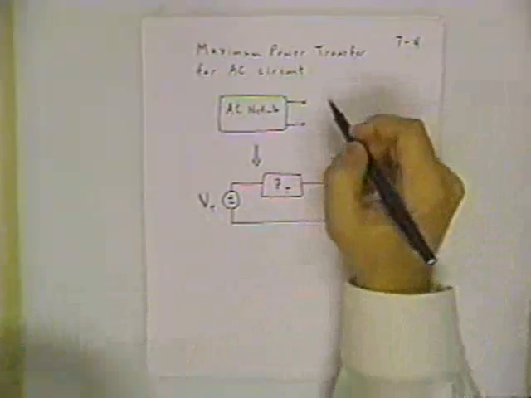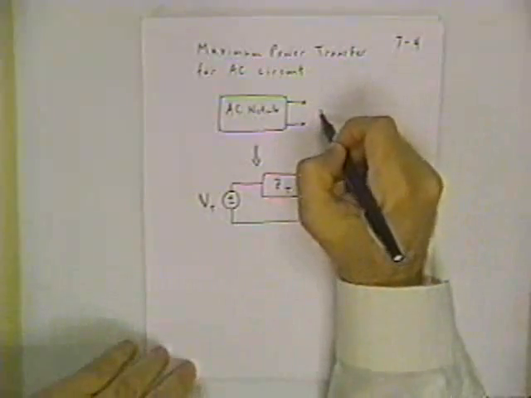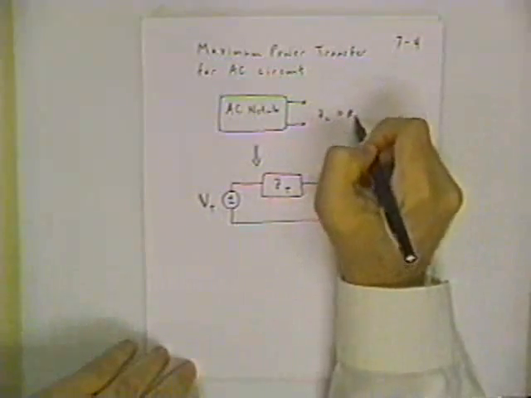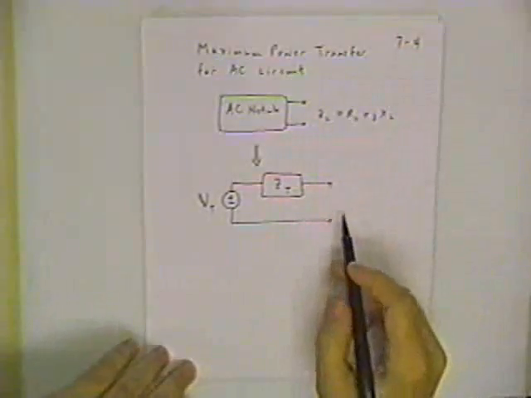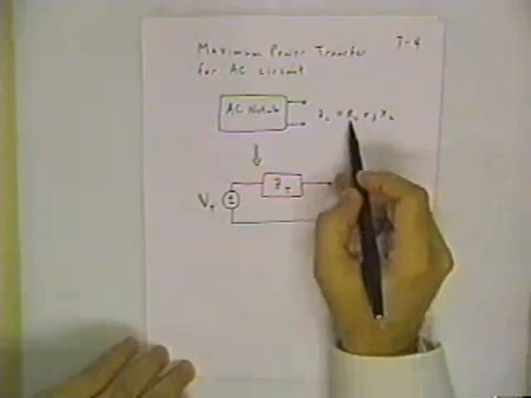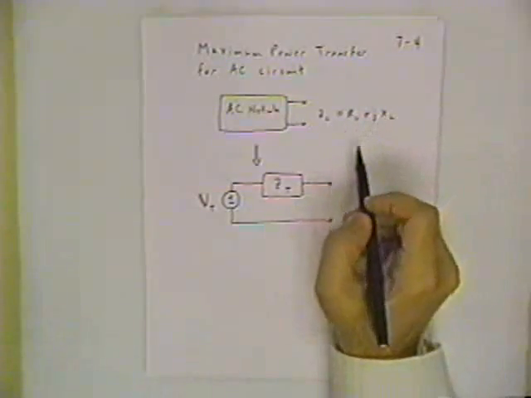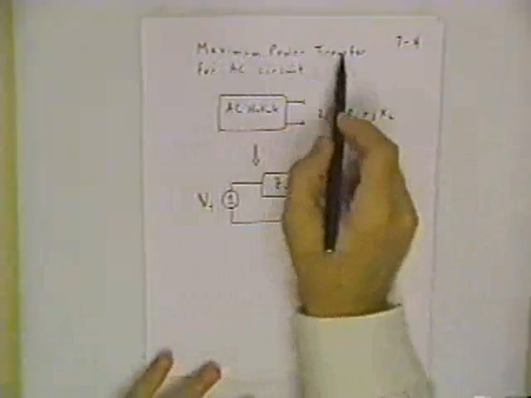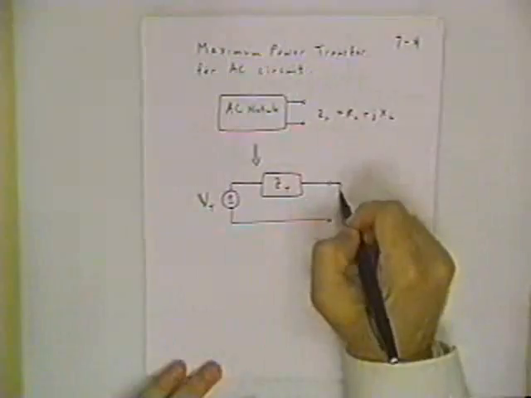And now we ask the same question again, and that's if I have a load impedance. Now let's call this Z sub L is equal to RL plus JXL. And I want to attach the impedance that has the correct values of R and X to achieve maximum power transfer. Then the question is, what do I attach here?